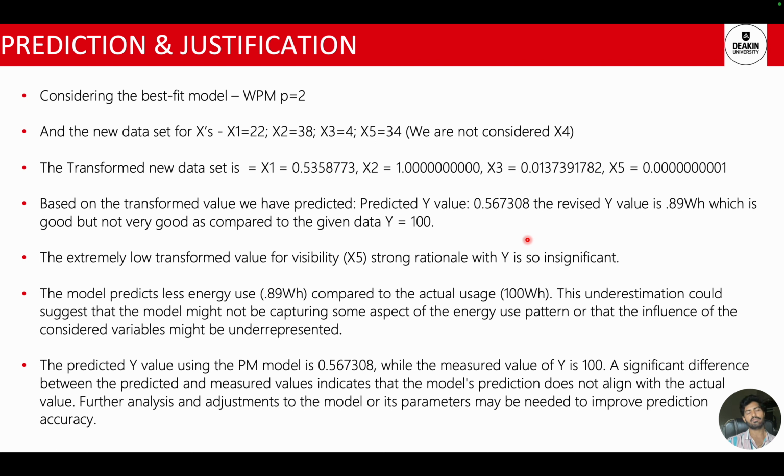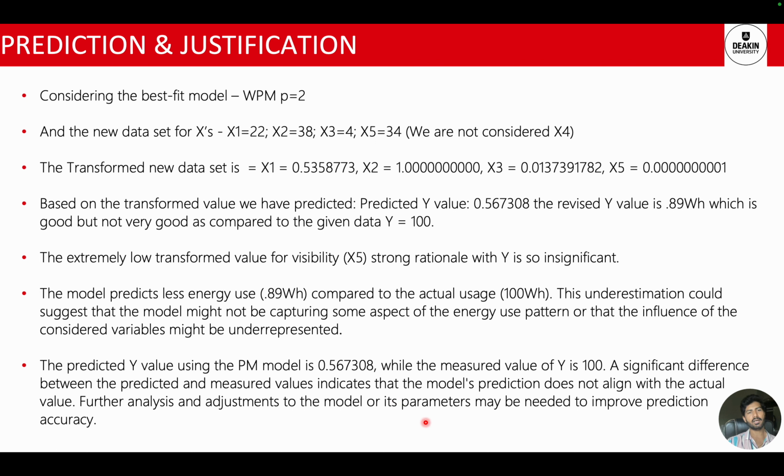So we can say that either the value we have given is not correlating with the output of y, or we need to further investigate this model to understand why we are getting a very low value compared to the given value of y equals 100.